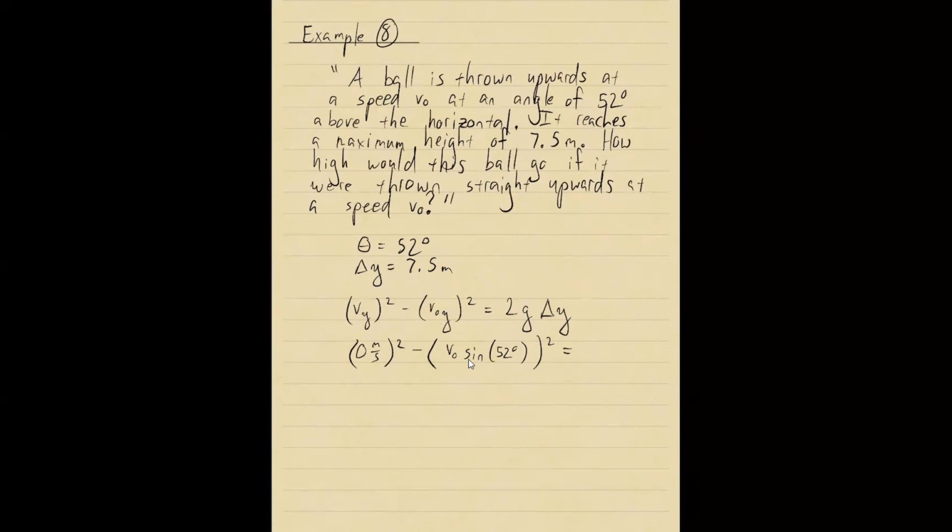This is just how we calculate the y component of our initial velocity vector. And on the right, we have 2 times minus 9.8 meters per second squared, times our maximum height of 7.5 meters.